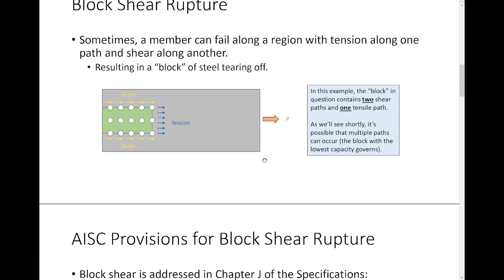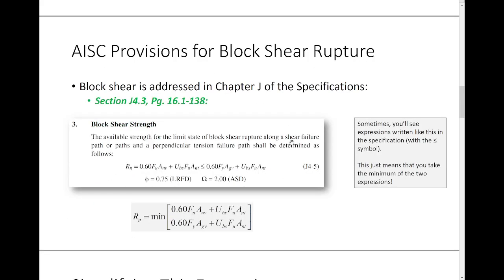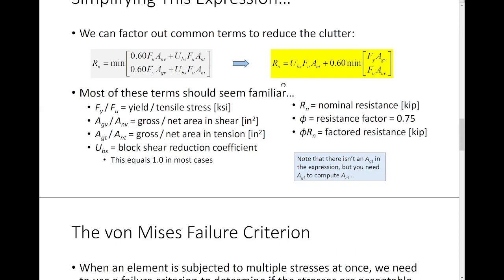Now, if you open up the spec, this is what the equation looks like. Way longer than 0.9 FyAg, right? It's way longer. But you'd be surprised how basic this is, okay? And we'll talk about this next time. But first off, you can simplify this algebraically by factoring out a lot of the common terms.